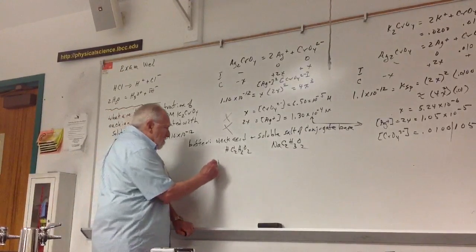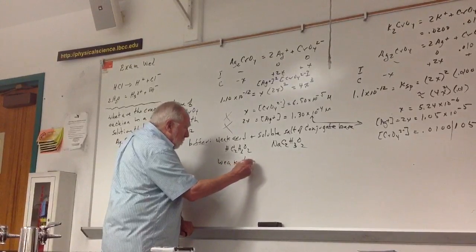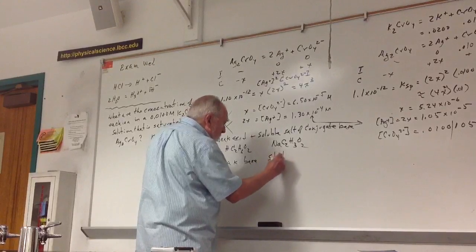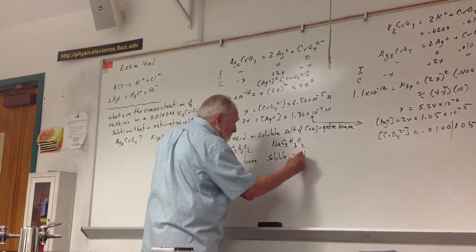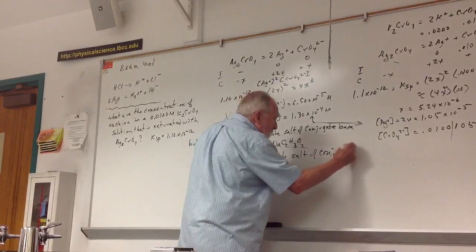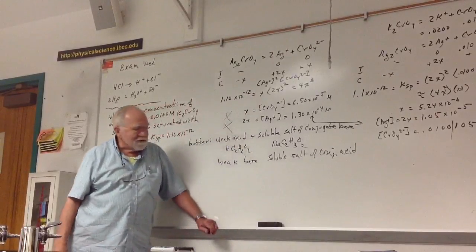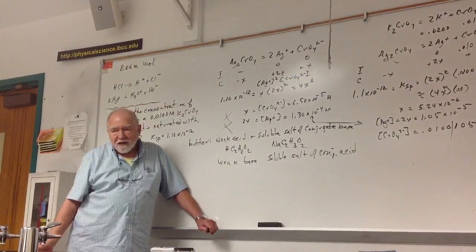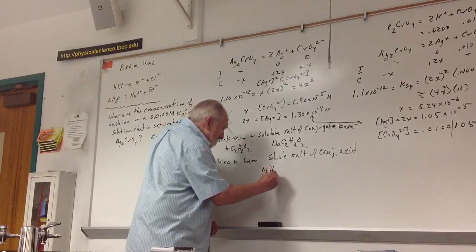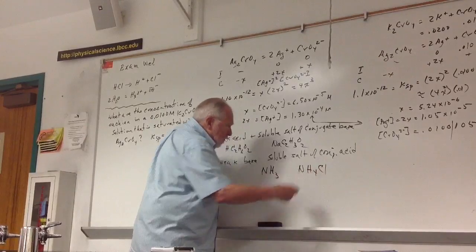Or it's a weak base and the soluble salt of the conjugate acid. Classic example, NH3. Ammonium chloride is soluble.